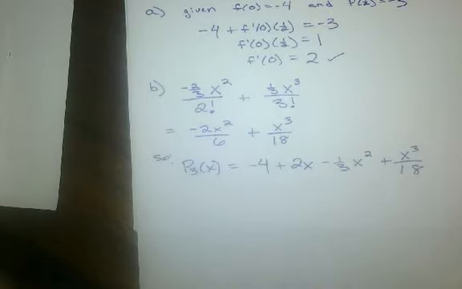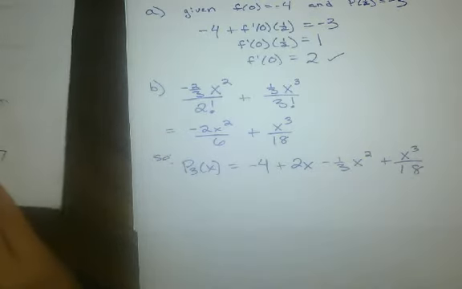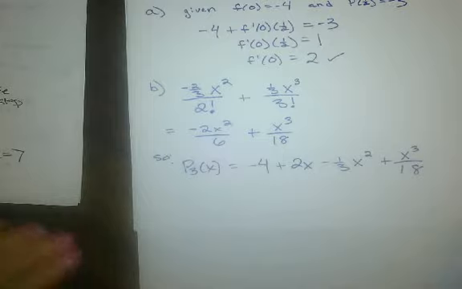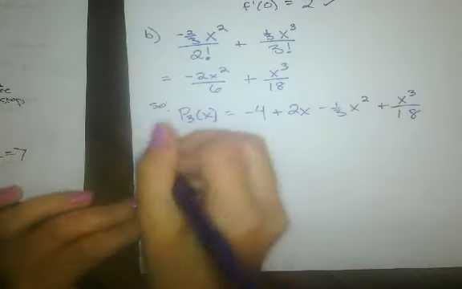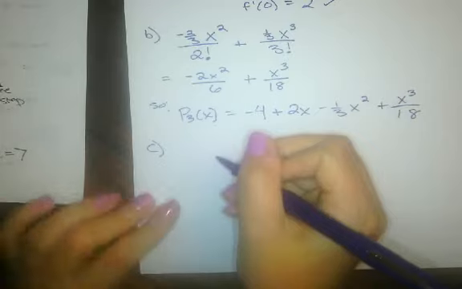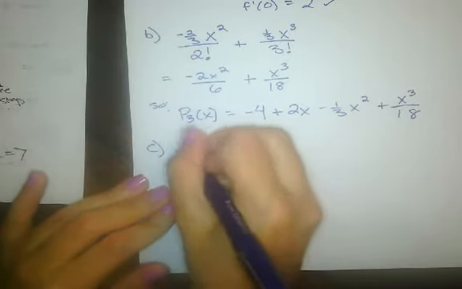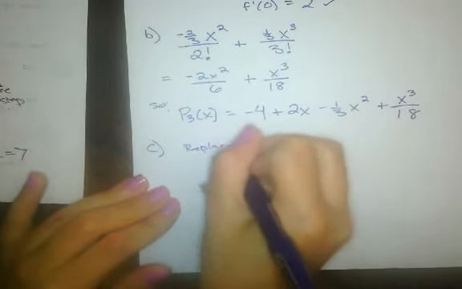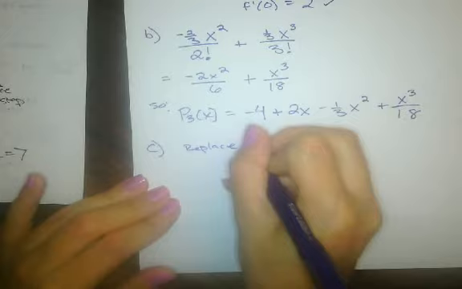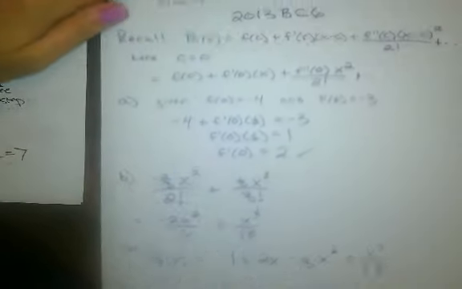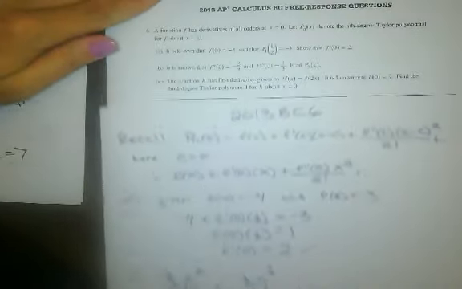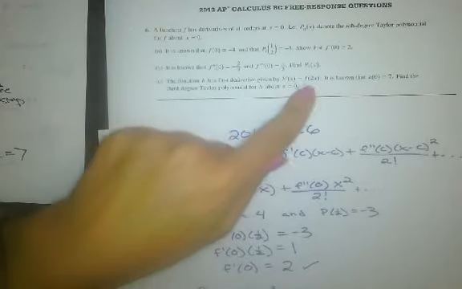So for part C, I'm going to have to replace the x's in the previous equation with a 2x, because that's what we're doing in part C. If you look in this part, it's f of 2x.